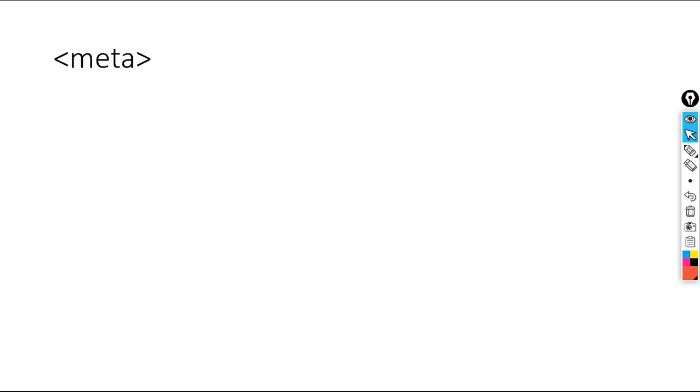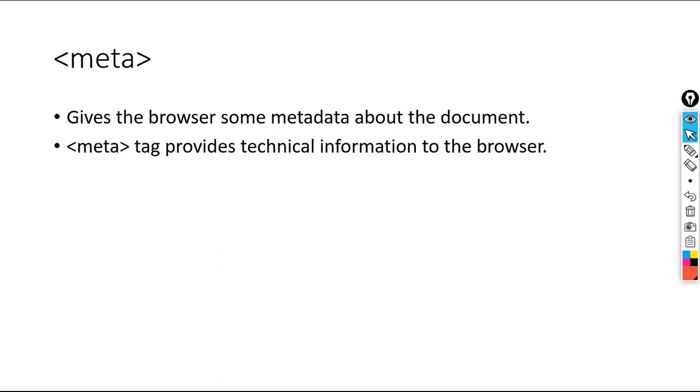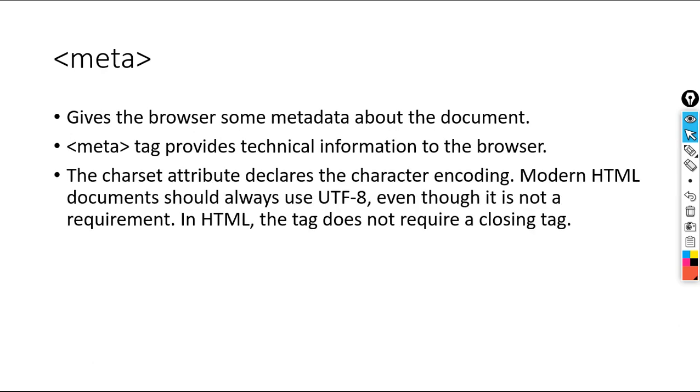Now meta is data about data. Meta gives the browser some metadata about the content. Metadata is nothing but data about the data, nothing but technical information. The meta tag provides technical information to the browser. The charset attribute declares the character encoding.